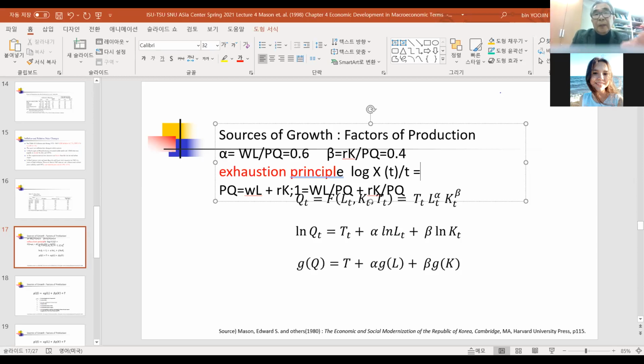Then if you take the derivative of a log variable, you need to have it should be, okay.